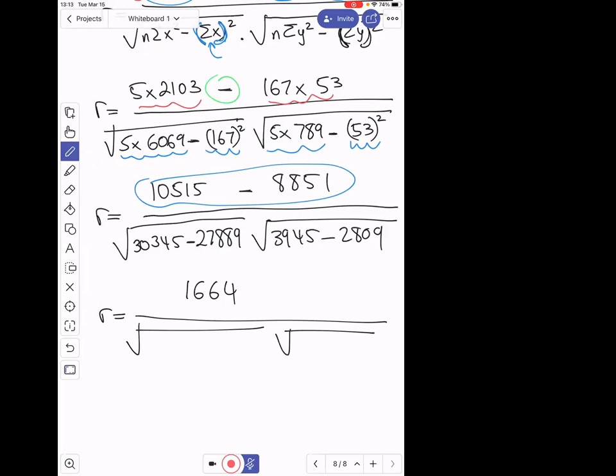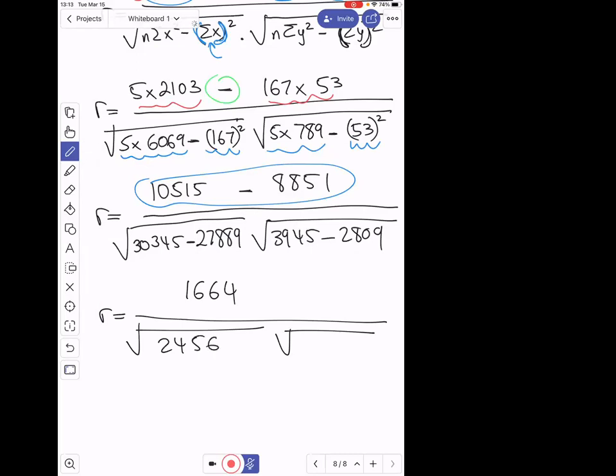We do the subtractions under the square root, right? And as I said, if you get a negative number under the square root, then there's something wrong. So this is 30,345 minus 27,889, right? So then the answer is 2,456. So this is a positive number, right?